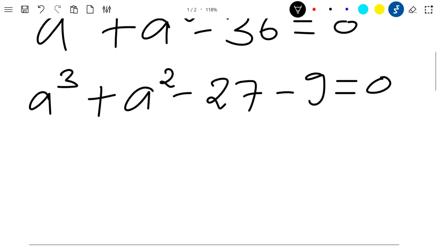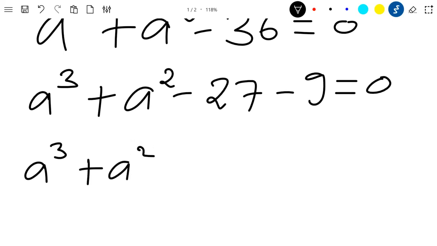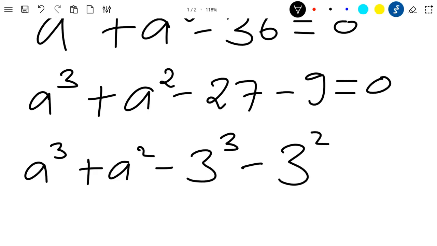Okay, this is our equation. So let's rewrite this again as a^3 + a^2 - 3^3 - 3^2 = 0, since 27 is 3 to the power 3 and 9 is 3 squared.